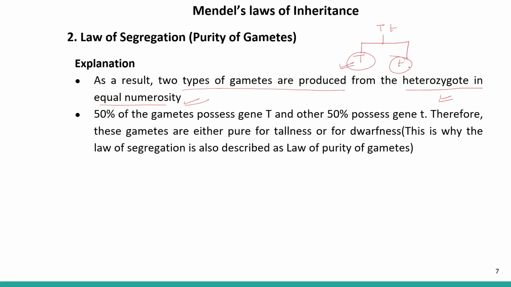So 50% of the gametes possess the gene T and 50% possess small t. Therefore, these gametes are either pure for tallness or dwarfness. That is why the law of segregation is also described as the law of purity of gametes. Okay.